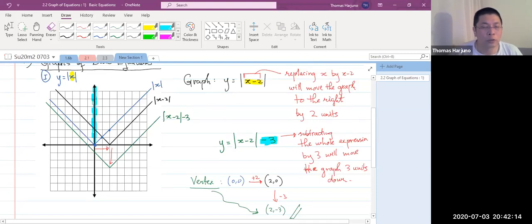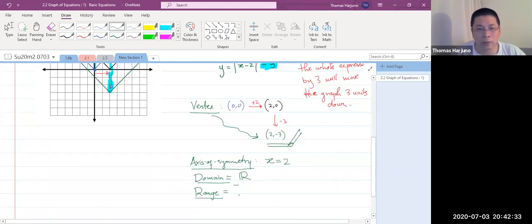When you move it to the right 2 units, it doesn't change the range. It doesn't change the y value. When you move it down by 3 units, however, the range now starts from -3 and on. So the range right now will be from -3 to infinity.